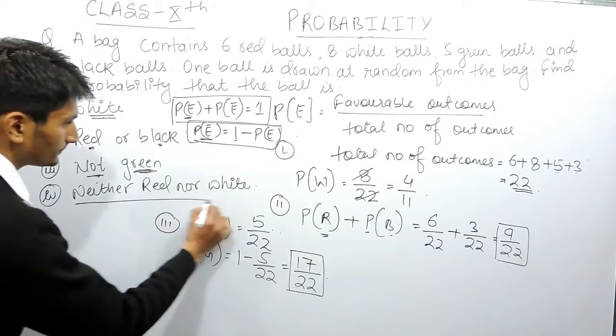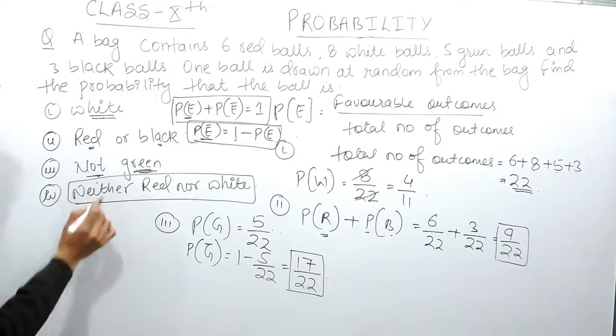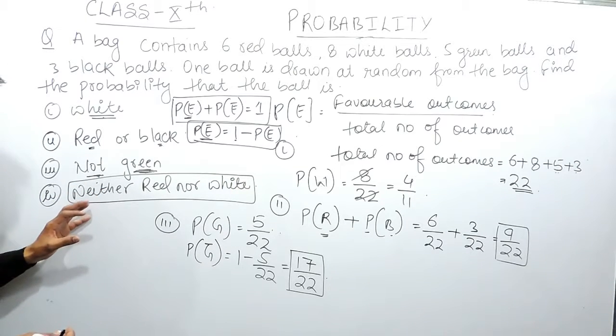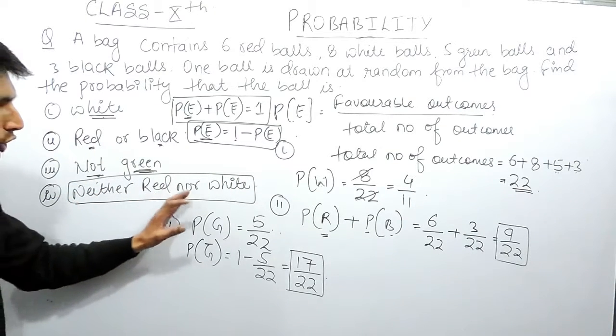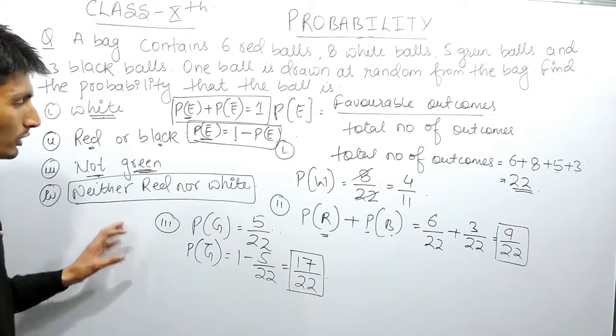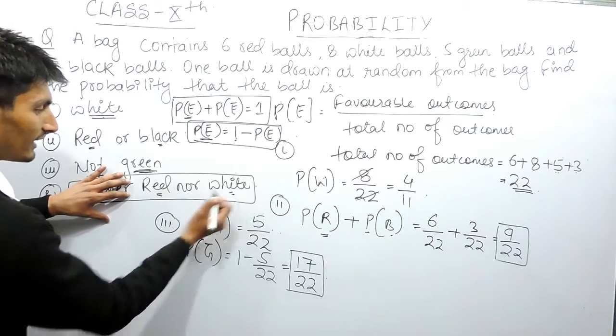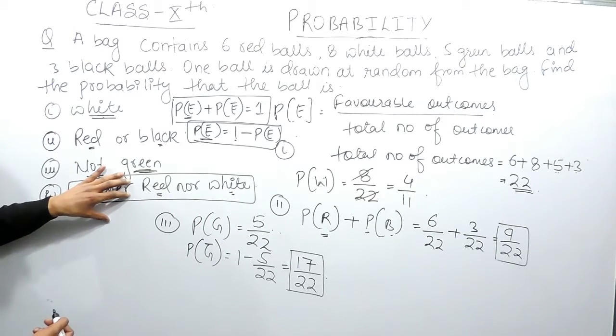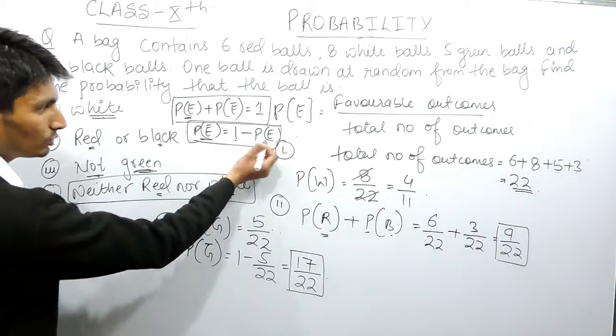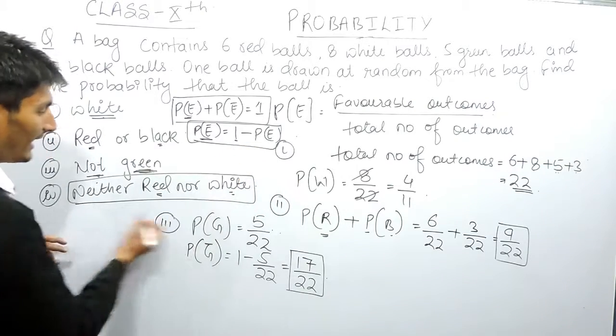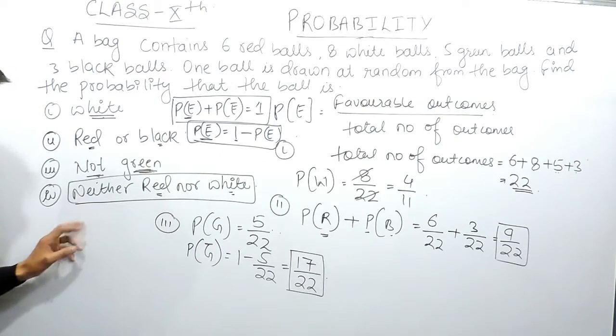Now similarly, we have to find the case when neither a red ball nor a white ball comes out. So first of all, let's find the probability of getting a red ball or a white ball, and if I subtract that probability from 1, I'll get the negative answer.